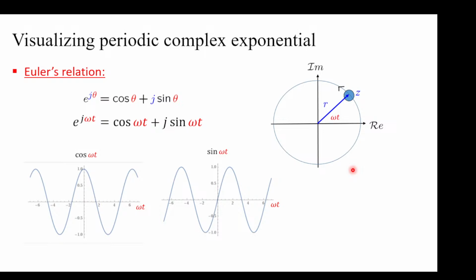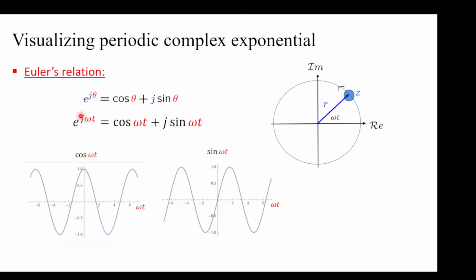Another way to visualize this, and I will do this a lot, is to try to draw it as a 2D picture. Because if you think about it, circling on the complex plane, you don't really see a t. You need to think about this moving through t. And usually we like to draw a signal like a picture like this. What we do is we use Euler's relation. Euler's relation once again says e to the j theta equals cosine theta plus j sine theta.